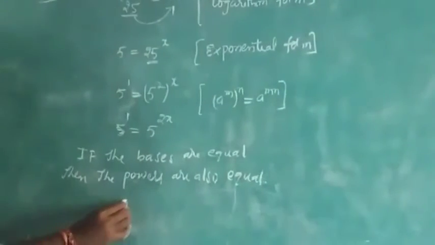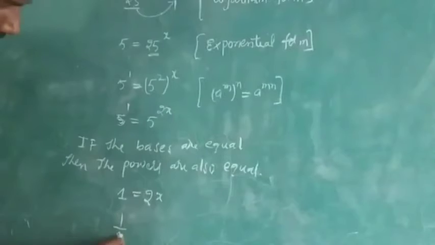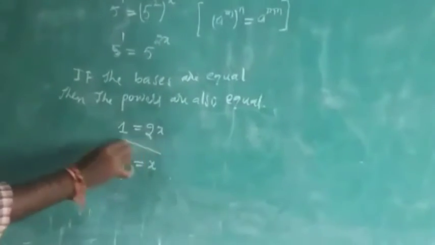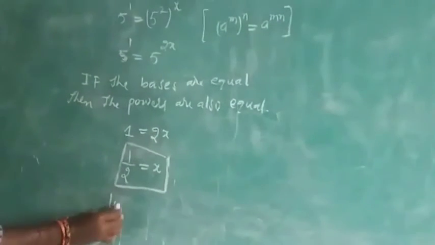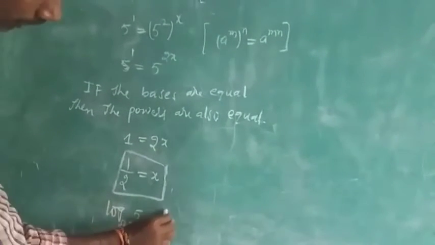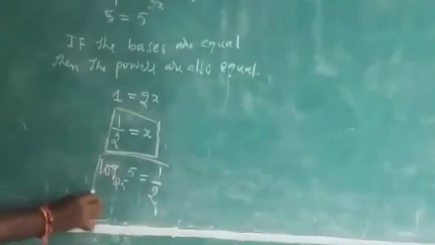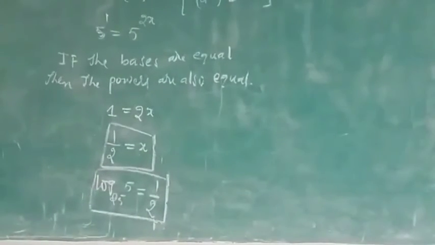So 1 is equal to 2x. Transposing 2, 1 by 2 is equal to x. So log base 25 of 5 is 1 by 2. This answer is 1 by 2.